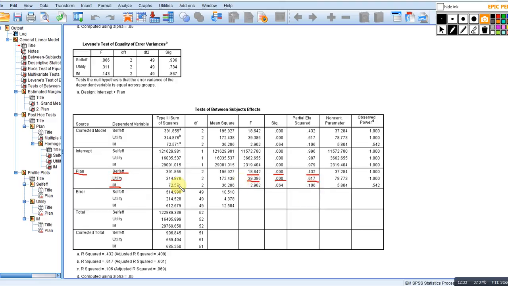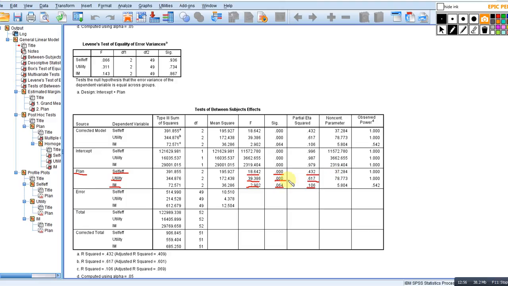And then for intrinsic motivation, here's your F value, here's your significance level. If we adopt an alpha of 0.05 criterion, you can see that there would be no significant differences among your groups. It's still a fairly moderate effect given the data.